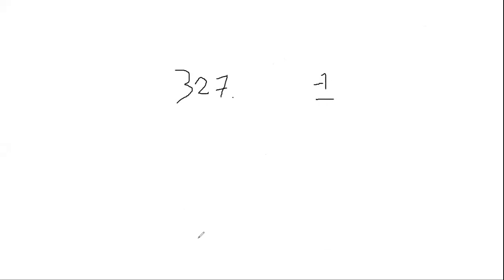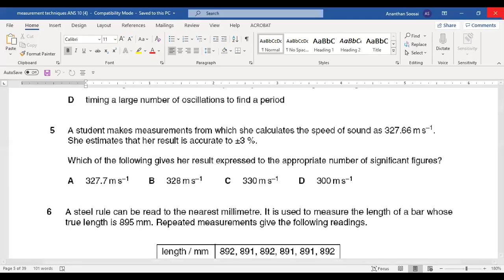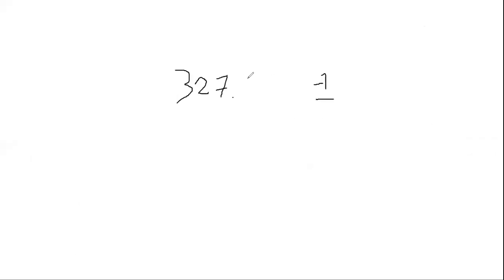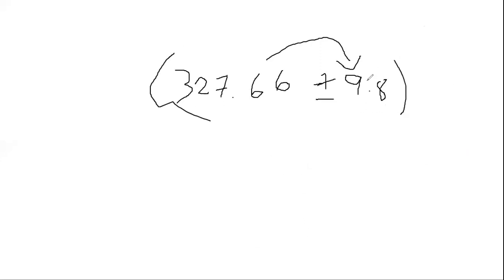Sorry, let me check that question. 327.66. 3% of this how much? 9.8. I think so. Okay, this is the one I told you. It won't be no decimal places. So what you do, to be on the safe side, shift 2 places. So it becomes 0.098. Okay, shift these 2 places.